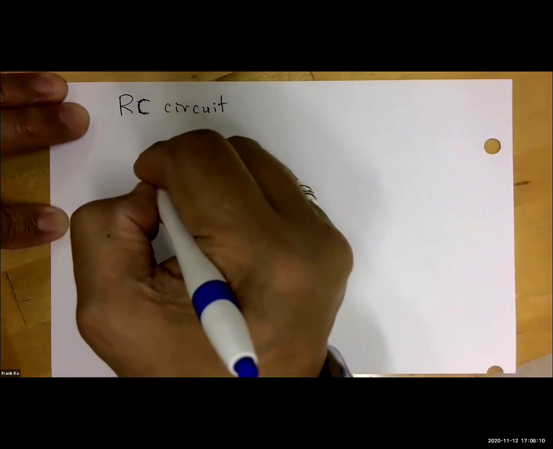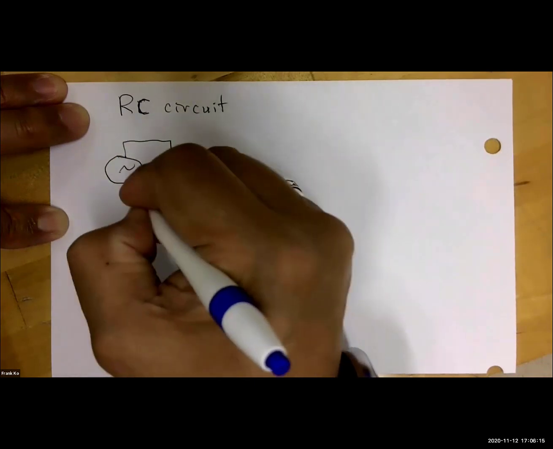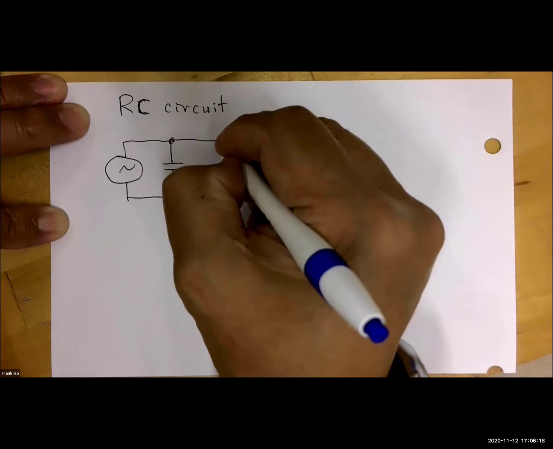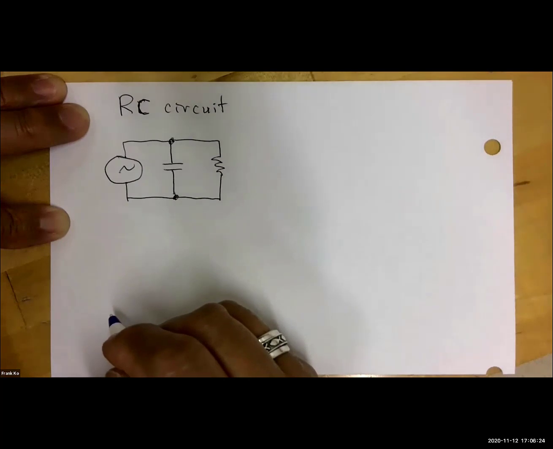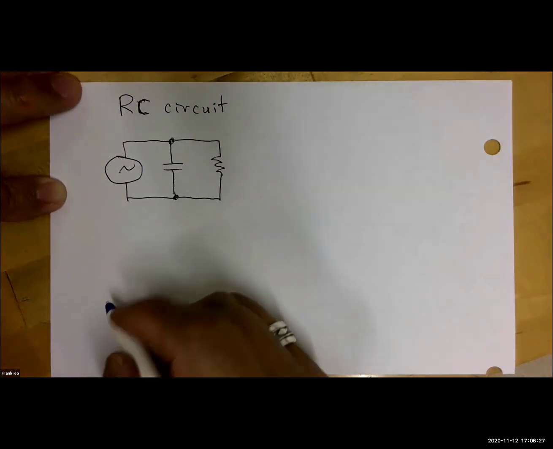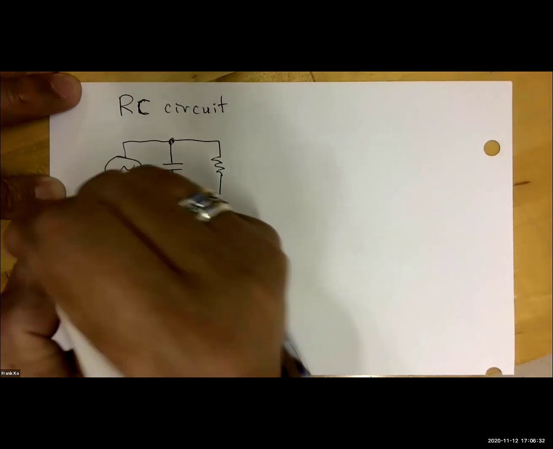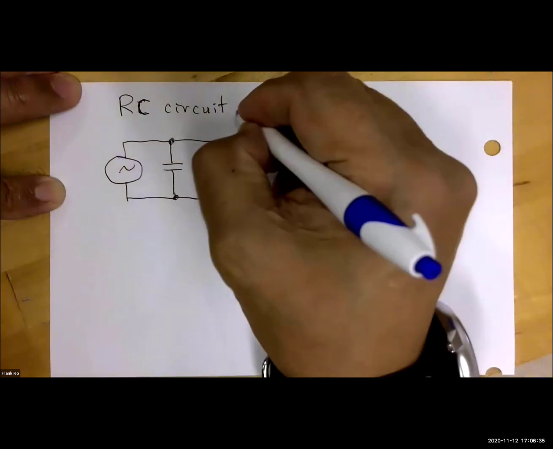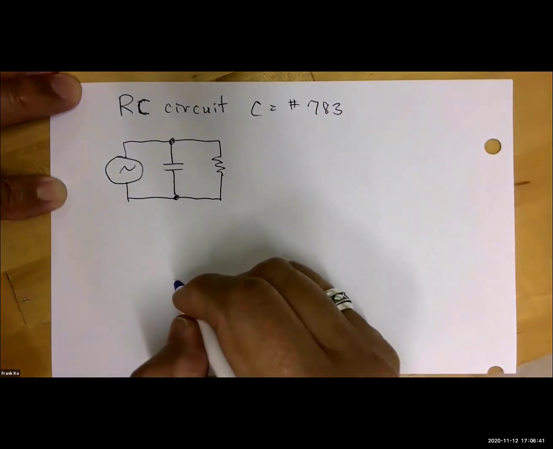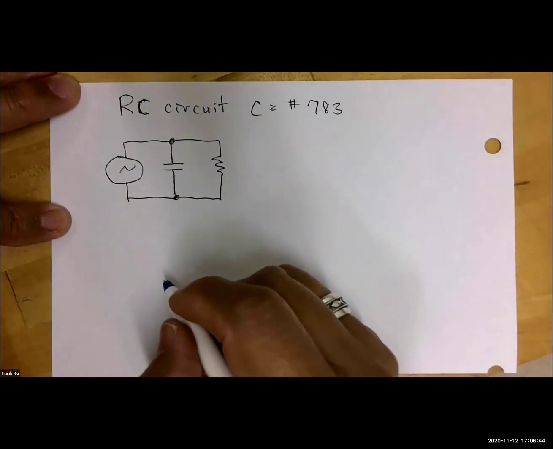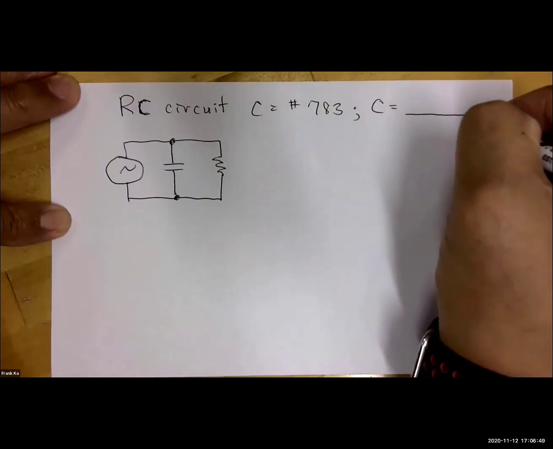The RC circuit showed an AC source, a capacitor, and a resistor. Let's say this particular circuit has C equals the number 783.